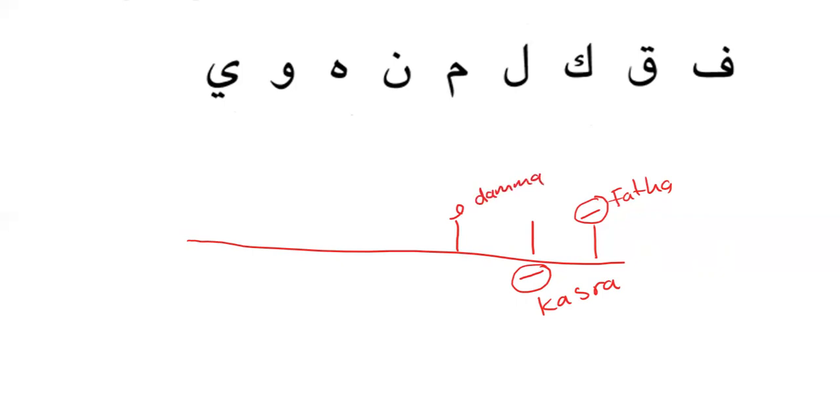If you look, it looks like a little waw. And this makes the u sound. So the first one, the fatha, we would say a, with the kasra, we would say e, and with the dhamma, we would say u.